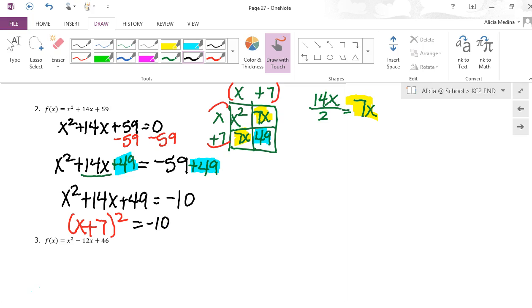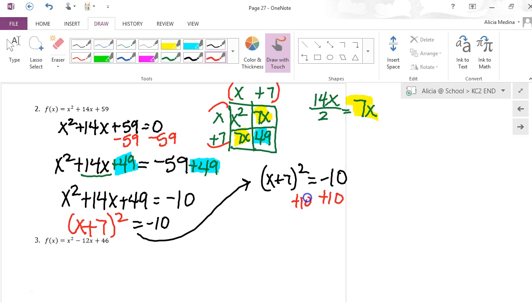I want to put this in vertex form. So let me just rewrite that. Vertex form has that equal to 0. So I have to do the opposite and bring that 10 back over to the left side. So x plus 7 quantity squared plus 10 equals 0.